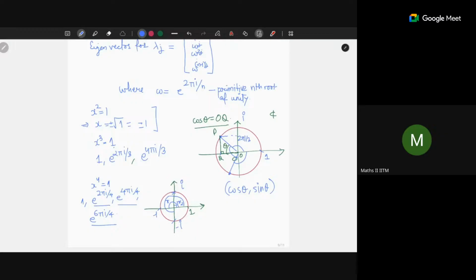In particular, if you have to find the nth roots of unity, you take a unit circle, you divide that unit circle into n equal parts, and each of those coordinates will be a root.